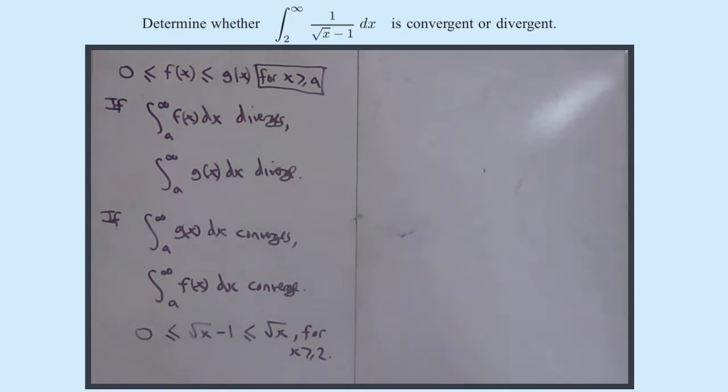It's not quite what we're after because we're looking for the reciprocal, so now we need to consider, if we take reciprocals of both of these, what would happen? If the square root of x is bigger than the square root of x minus 1, then the reciprocal of the bigger number will be smaller than the reciprocal of the smaller number.